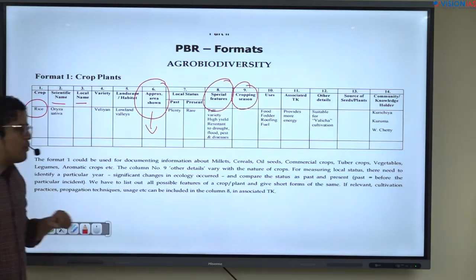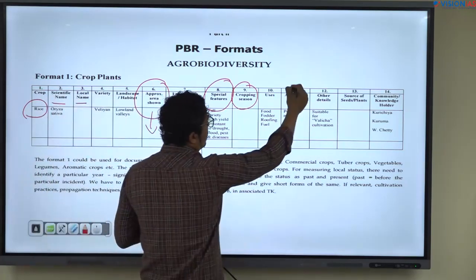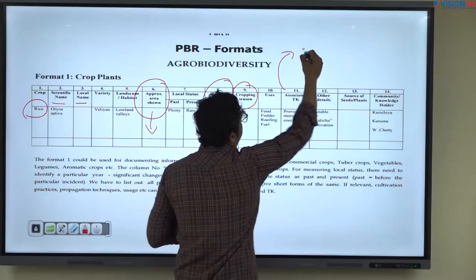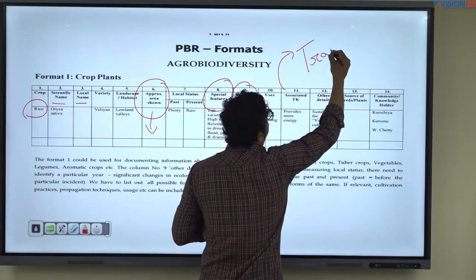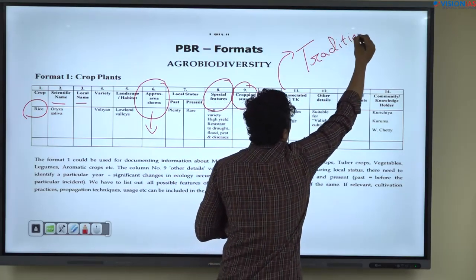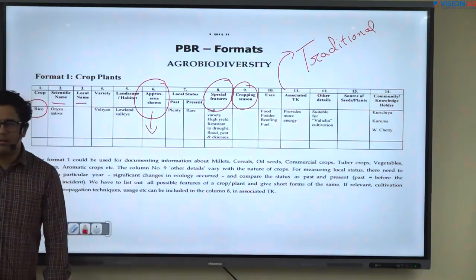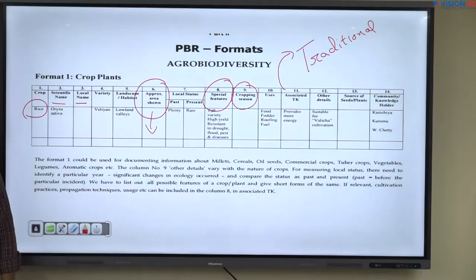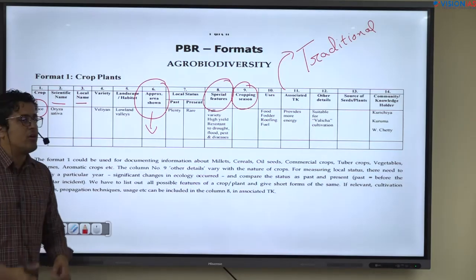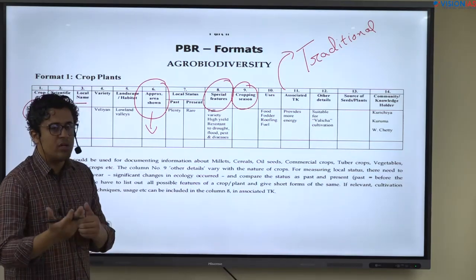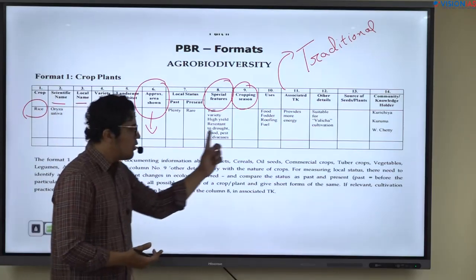And most importantly, this section, associated TK. TK stands for traditional knowledge. Traditional knowledge means what are your ideas, what is your knowledge related to this crop?